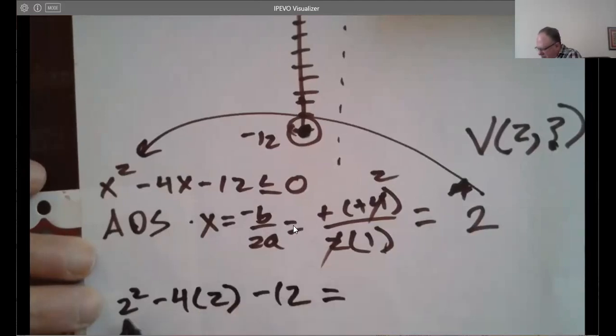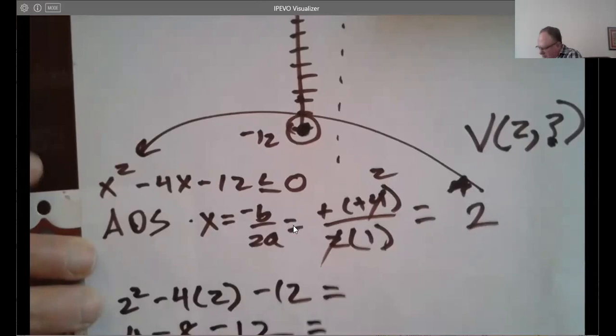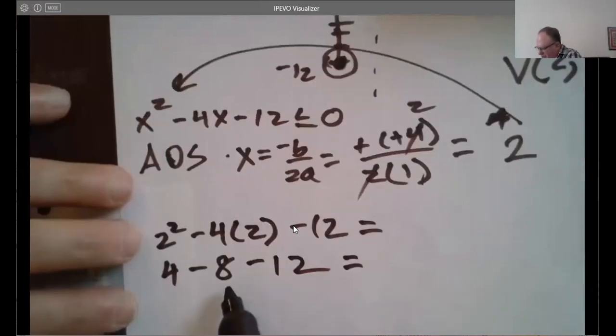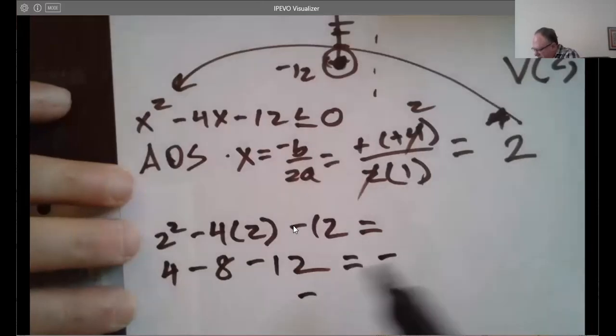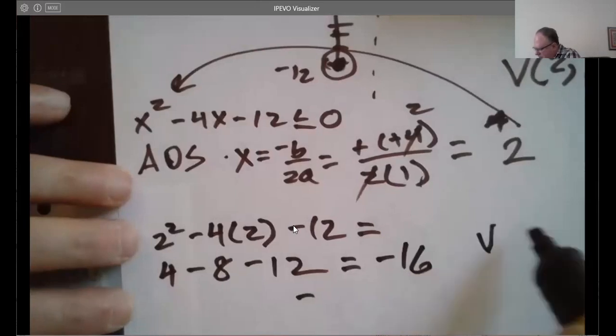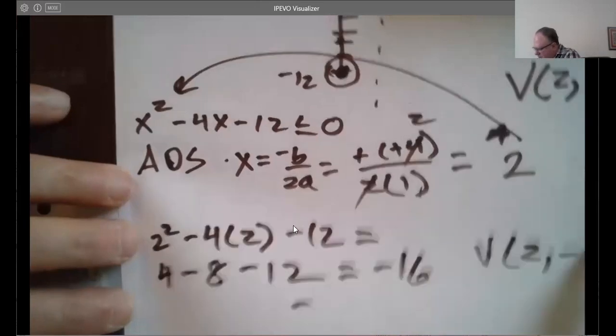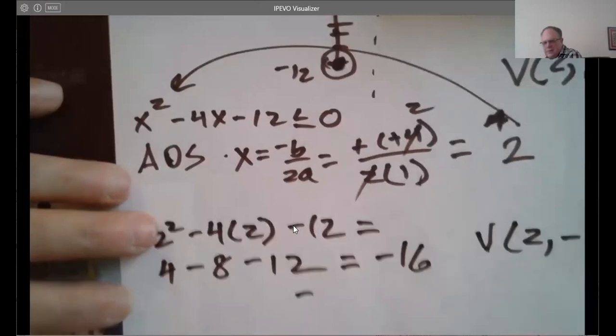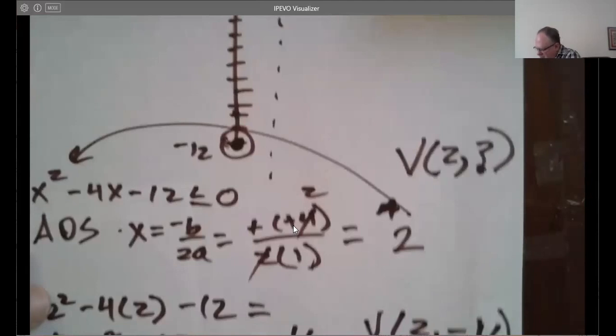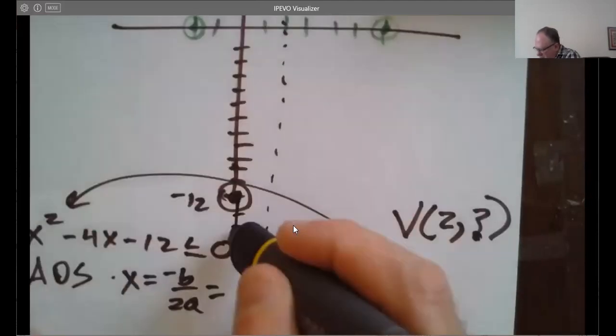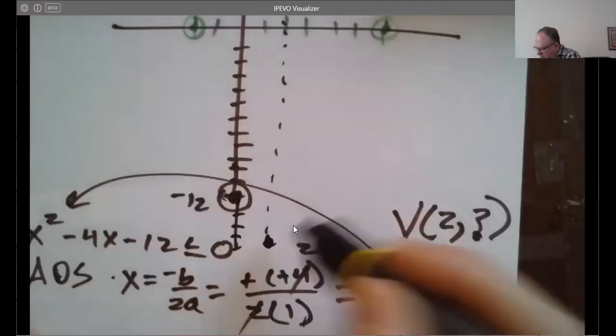And so 2 squared is 4. 4 times 2 is the negative 8, minus 12. And so 4 minus 8, that's negative 4. Negative 4 and 12 is a negative, what? 16. So our vertex is 2, negative 16. Okay? Questions? So this is negative 12, 13, 14, 15, 16. So our vertex is down here.